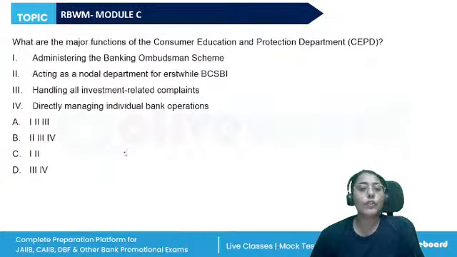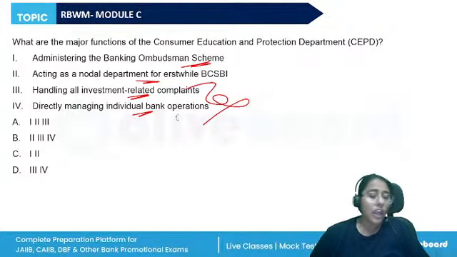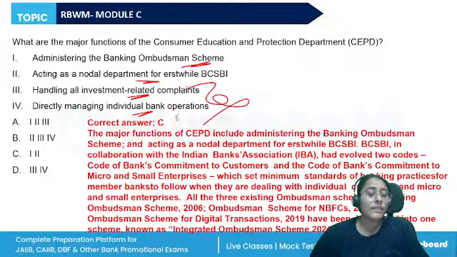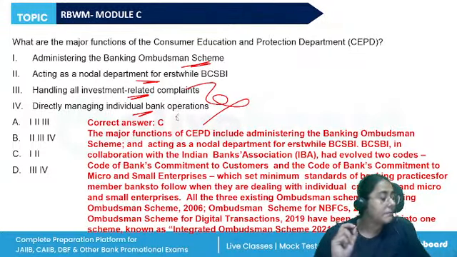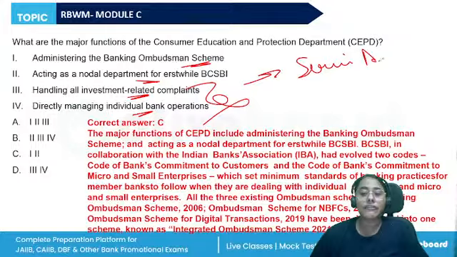Next, I told you that the BCSBI has been now replaced with the CEPD. So what are the major functions? Administering the banking ombudsman scheme, acting as a nodal department for erstwhile BCSBI, handling all investment related complaint, managing the individual bank operations. No, only 1 and 2. The CEPD and the Banking Ombudsman Scheme of RBI deal with only service related deficiency.